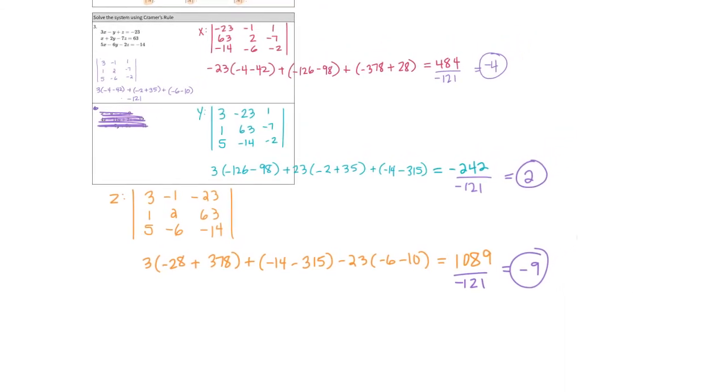So I can say with confidence my solution is negative 4, comma 2, comma negative 9. Like I said, a lot of work. It's not too difficult as long as you follow the patterns, but it is a lot of work. Okay, guys, and that's how you use Cramer's rule to solve systems of equations.